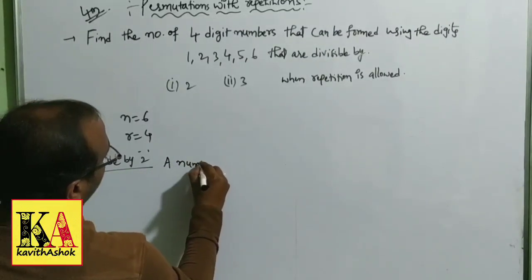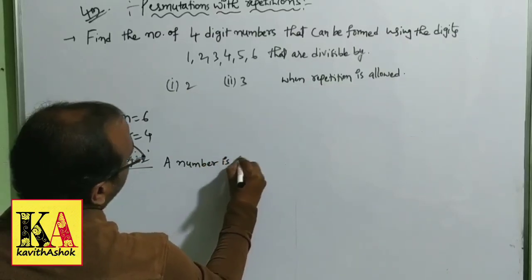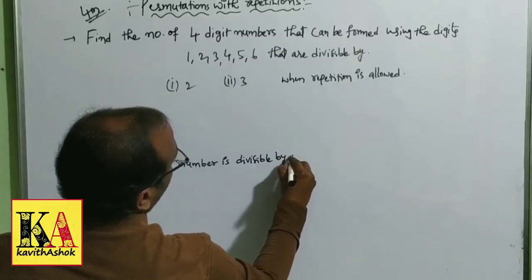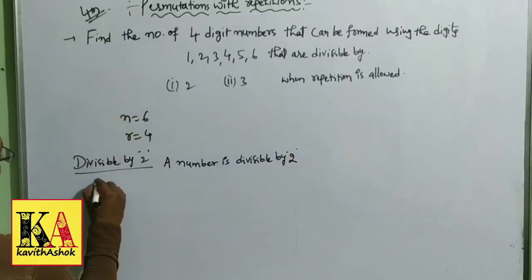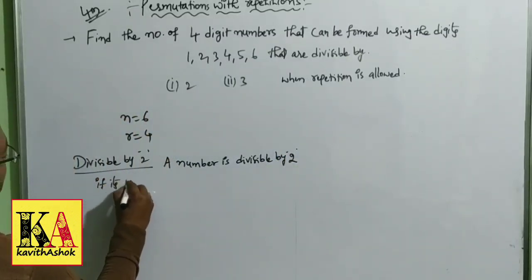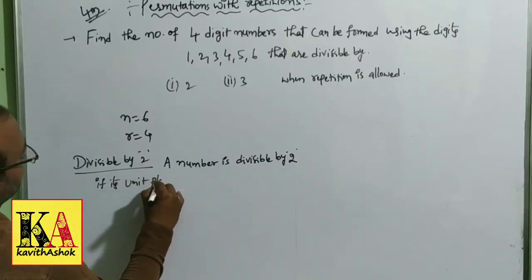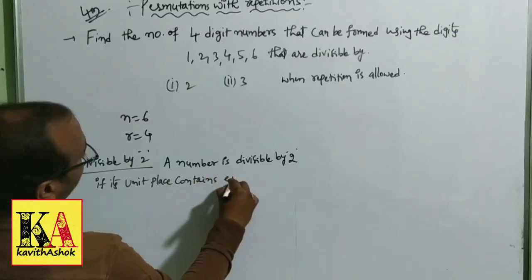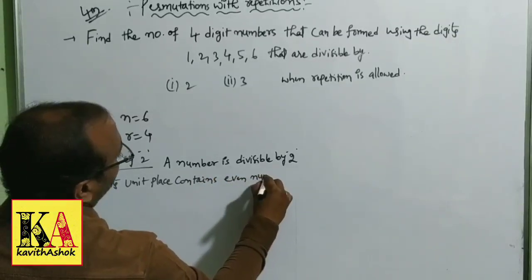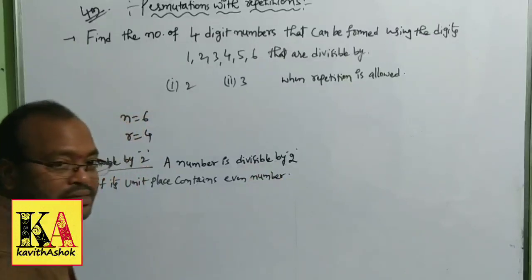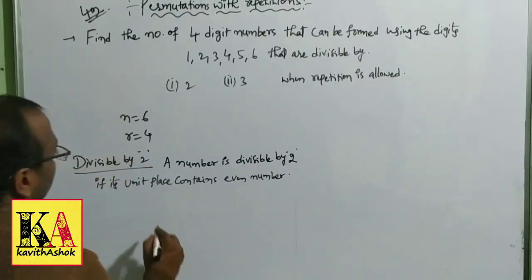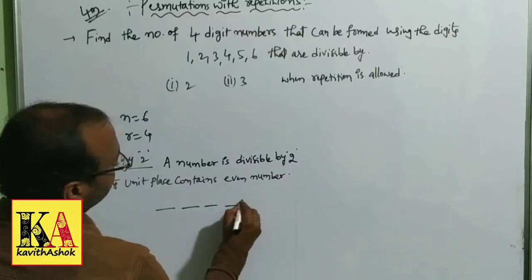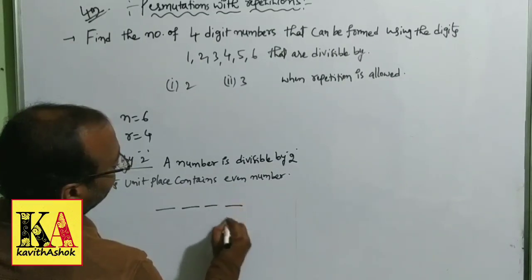Unit place contains an even number. Right. First take the 4-digit number here. This is the unit place. So this place will be filled by an even number.